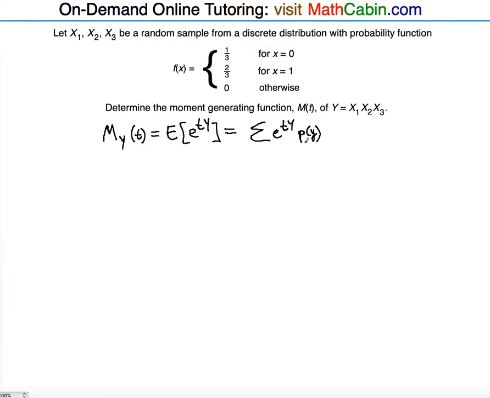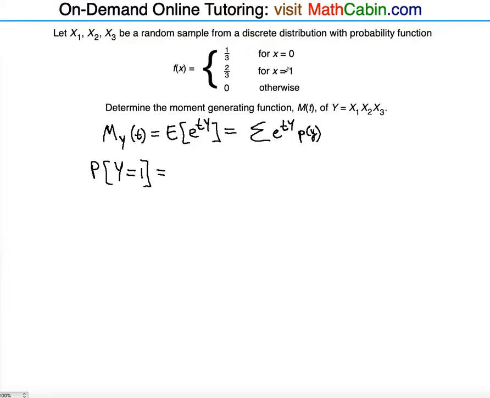As you can see, we need to find the probability function of y, because right now we have the probability function for x, but we don't have the probability function for y. So how do we find that? Notice that the probability that the random variable y is equal to 1 is only possible when the three random variables, when multiplied, are equal to 1.